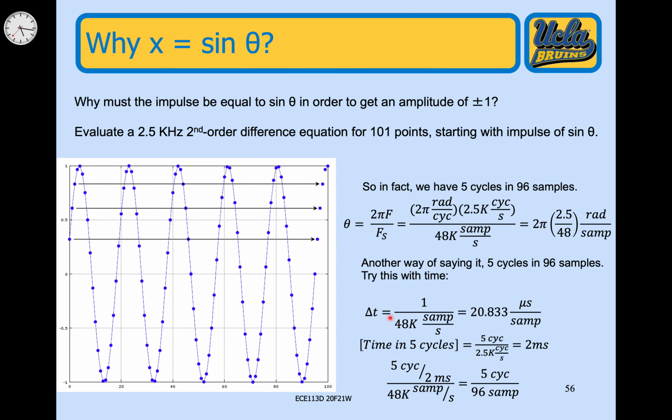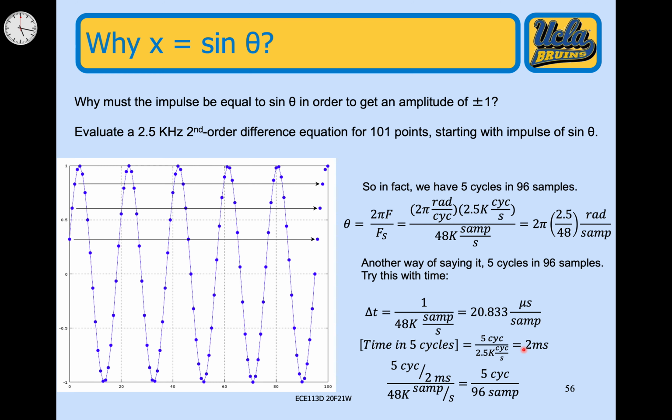Or you can do it this way. I've got a sampling frequency of 48,000 samples per second. So the delta t is the reciprocal of that, which is 20.8 microseconds per sample, and the time in 5 cycles would be 2 milliseconds: 5 cycles at 2,500 cycles per second.